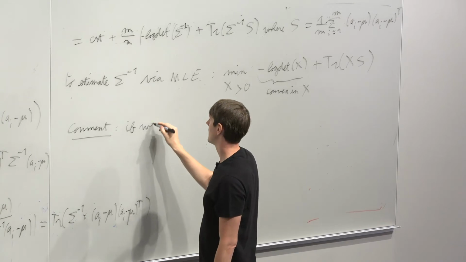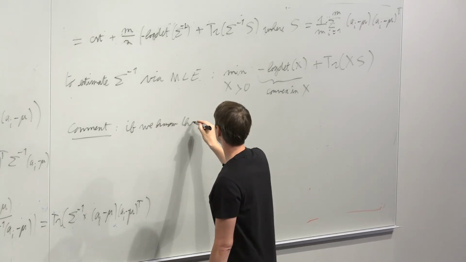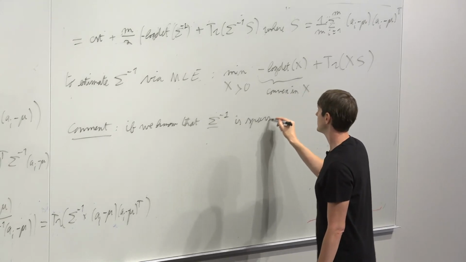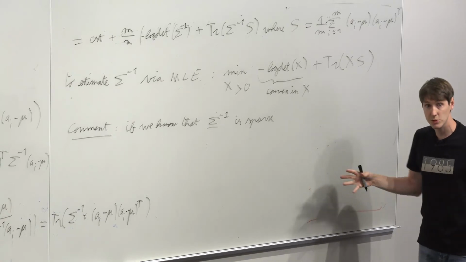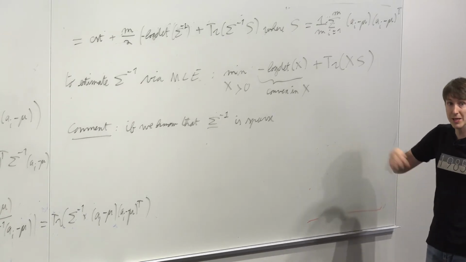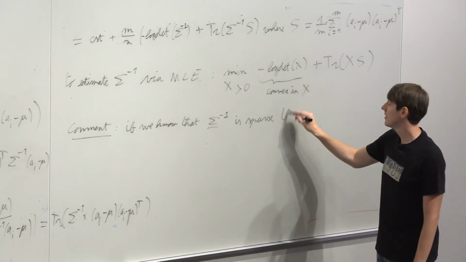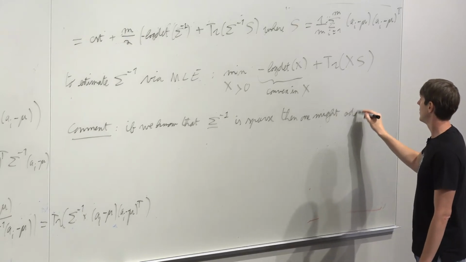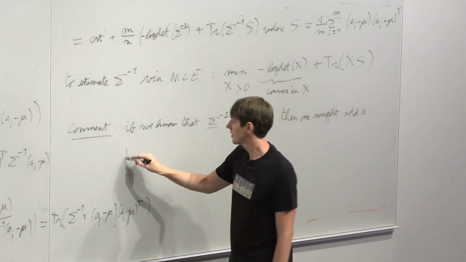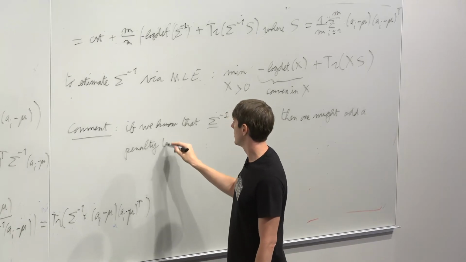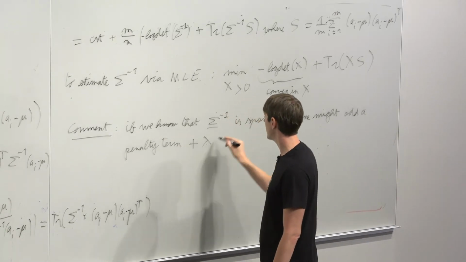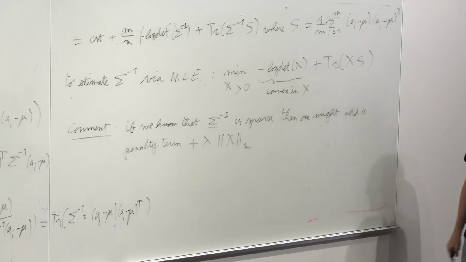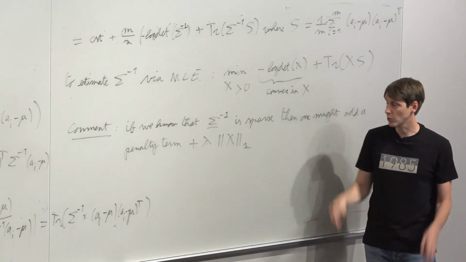If we know that sigma minus 1 is sparse, okay, so if in your graphical model interpretation you assume that you have a sparse graph, so most things are independent given the rest, then one might add a penalty term which looks like this, plus lambda times the L1 norm of x. Okay, just the sum of the entries of x. This is what's called sparsity inducing.